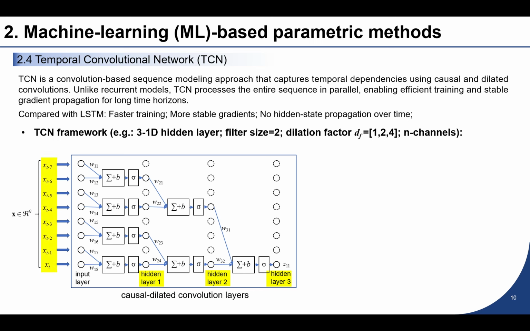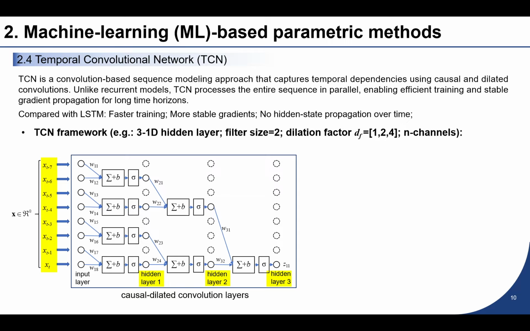First, notice the input sequence on the left. The key property of causal convolution is that the output at any time step depends only on the current and past inputs, and never on future values.